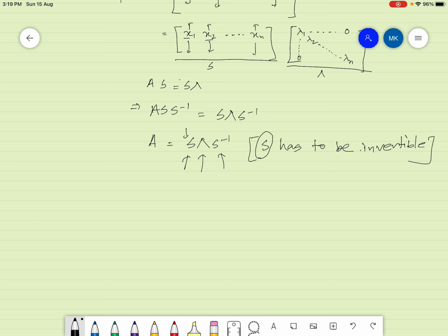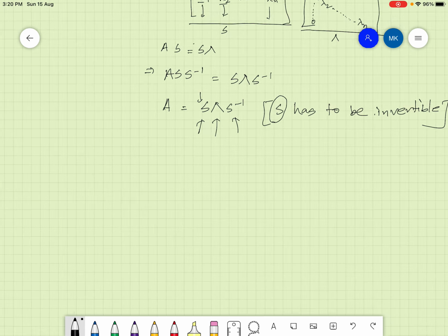So in that case you cannot get S as an invertible matrix, right? So be careful that all the columns of S need to be independent, and for that condition you will get S as an invertible matrix.